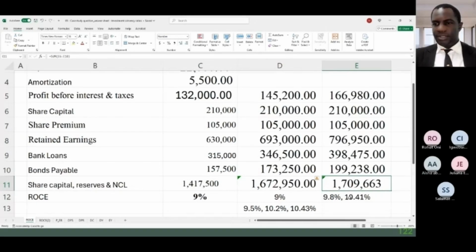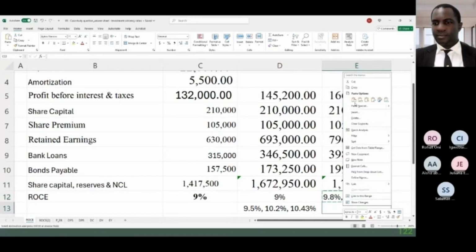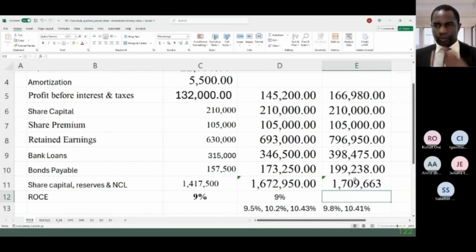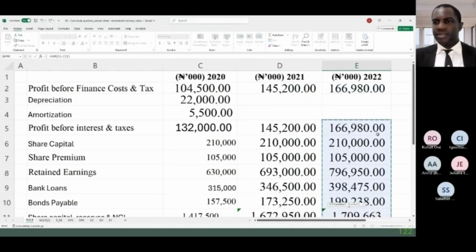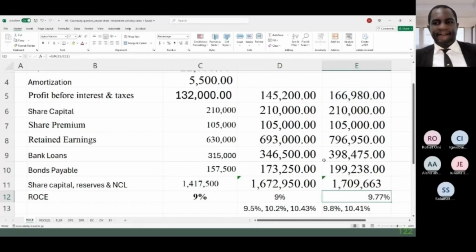Okay, so let me take the options we all have here. So our return on capital employed will be 166,980 divided by 1,709,663.